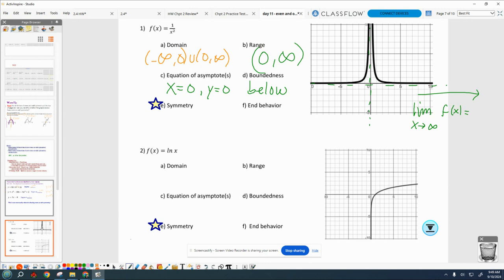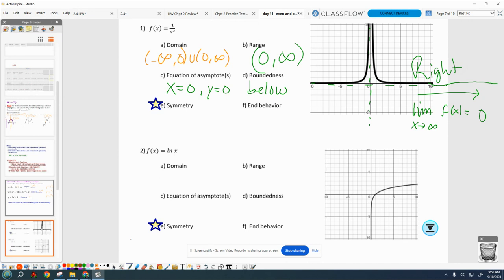So with limits, we want this to say the limit as x goes to positive infinity, because that's on the right. Sam, where does the y value go? The y value's hovering right there, which is how high? Like 0. So that's right end behavior.